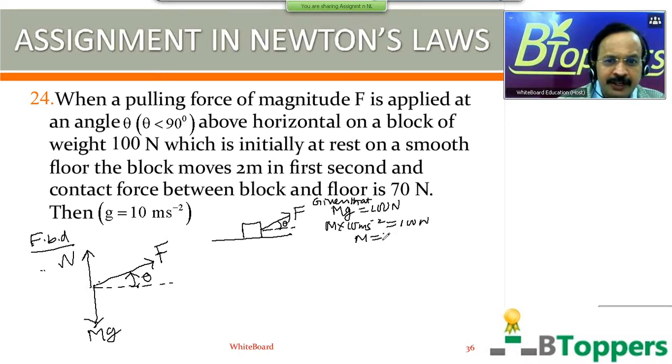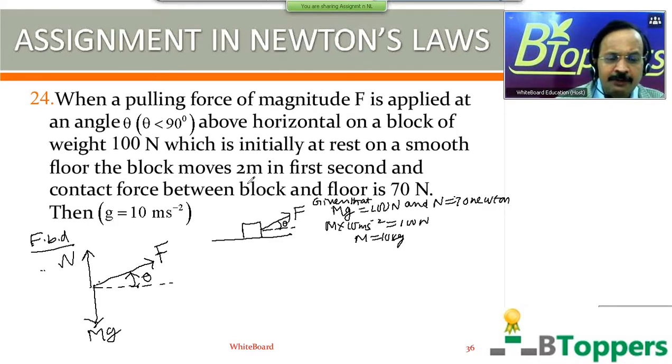From that, you get the mass of the block as 10 kg. And you are given that the magnitude of the contact force between the block and the floor is 70 Newton. That means the magnitude of the normal reaction force on the block by the floor can be taken as 70 Newton.